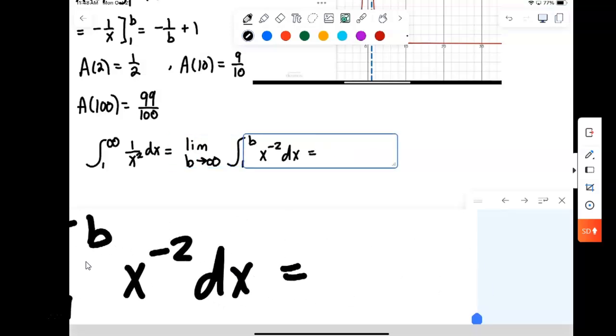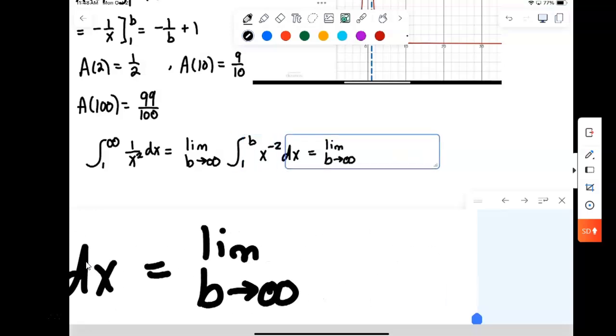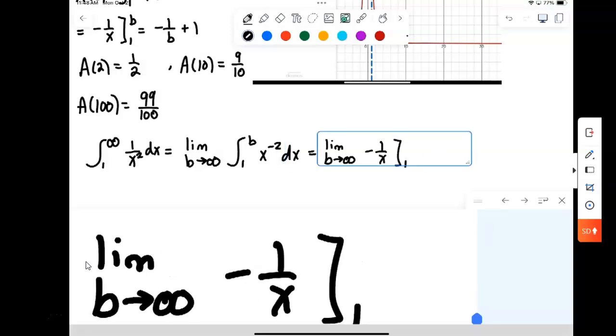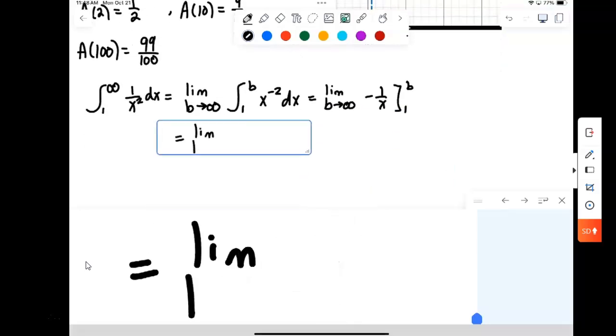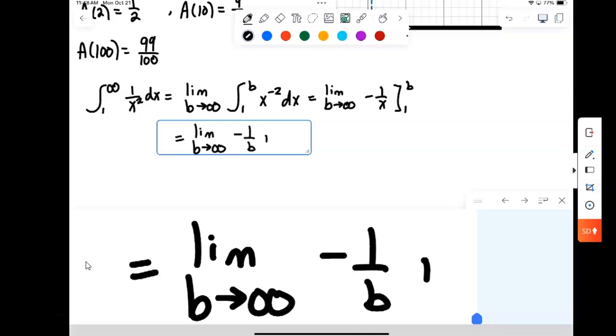So this would be the limit as b approaches infinity of negative 1 over x, evaluated between 1 and b. And so we evaluate. Again, this would be the limit as b goes to infinity of negative 1 over b plus 1.